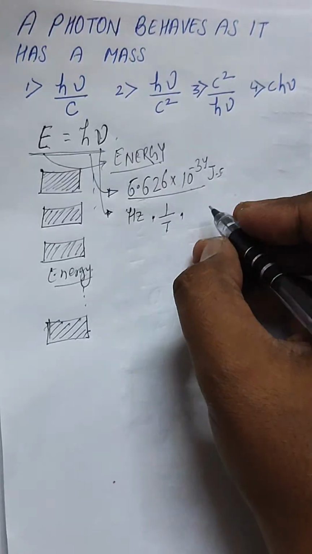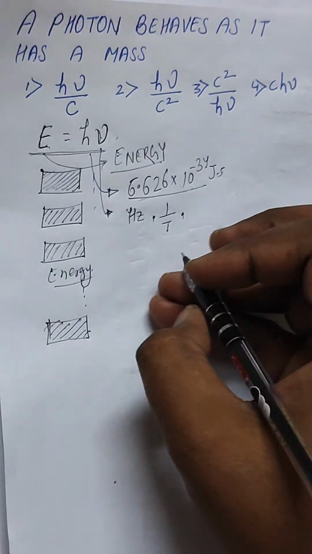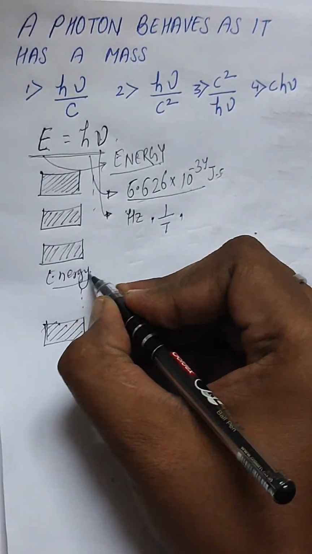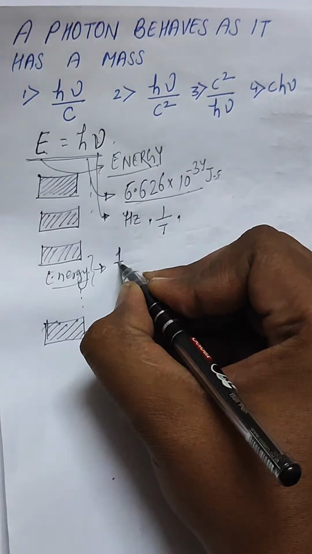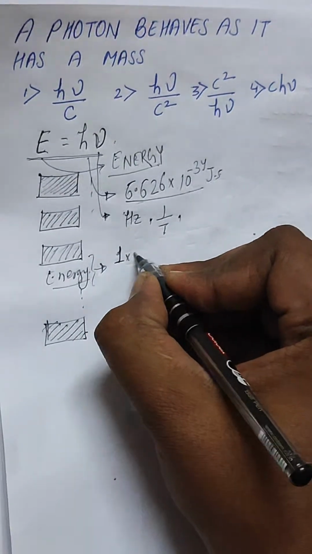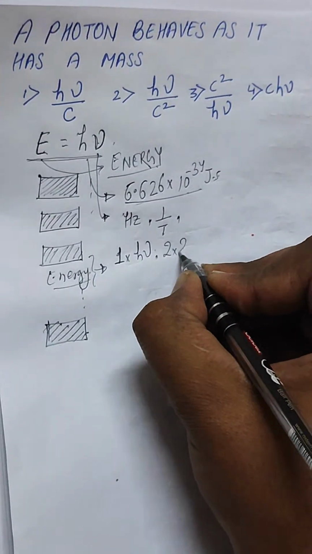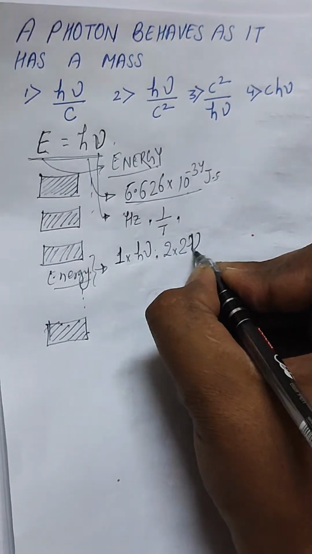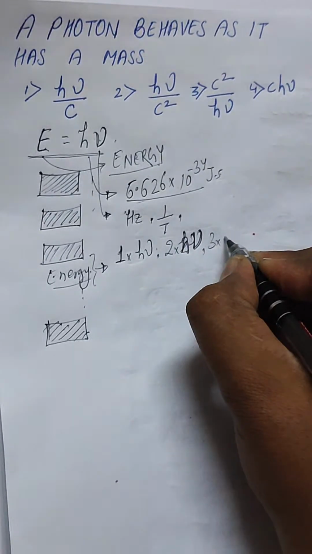Now what is quantization? Energy changes occur only in integer multiples. So the energy of a photon is considered in integer multiples: either 1 times h mu, or 2 times h mu, or 3 times h mu.